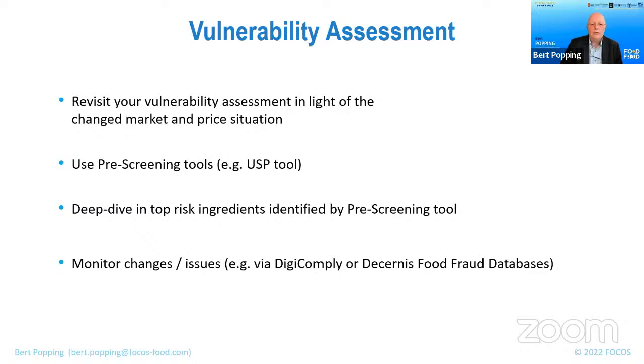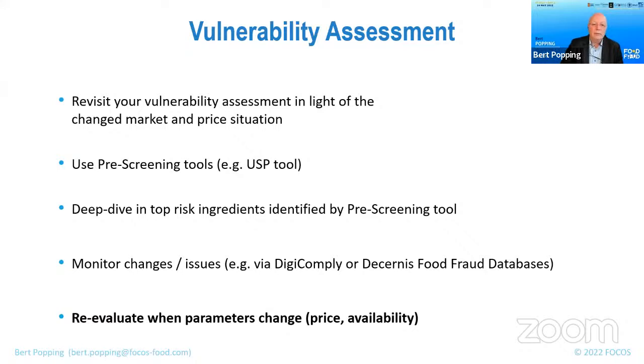So those are very essential tools, and I do recommend having at least one of those tools on board when you do your vulnerability assessment. And when the situation changes, that means when you have a new supplier, when the prices change, it's always worth doing a revisit of your vulnerability assessment.